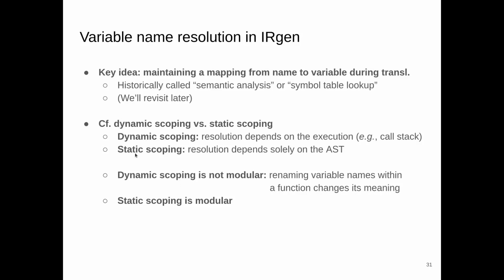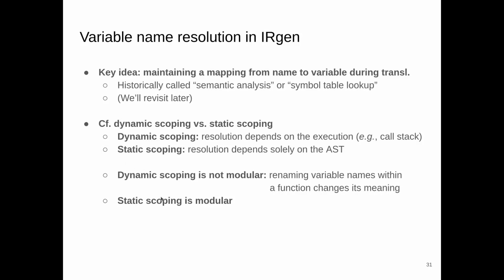I usually prefer static scoping much more than dynamic scoping because dynamic scoping is not modular. Renaming variables within a module may change the semantics of other modules. It is very difficult to reason about the effect of name changes in the global system.